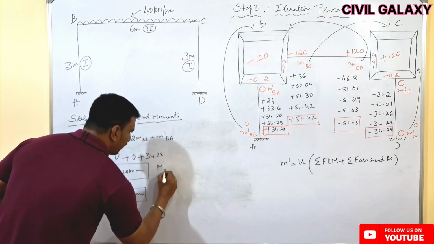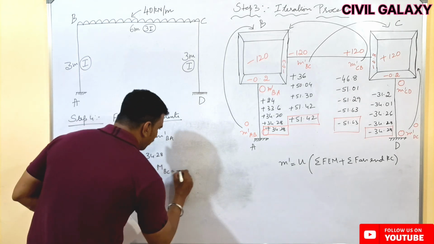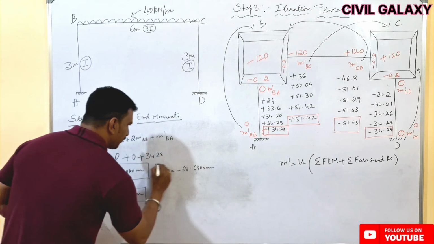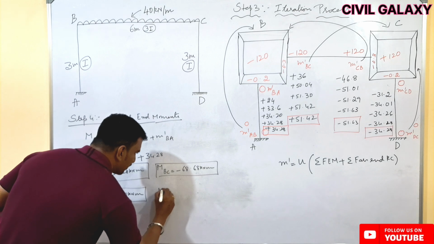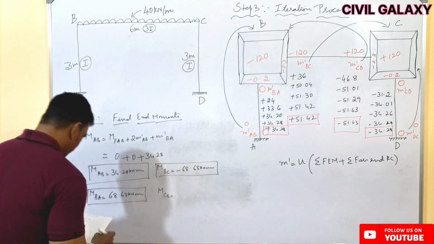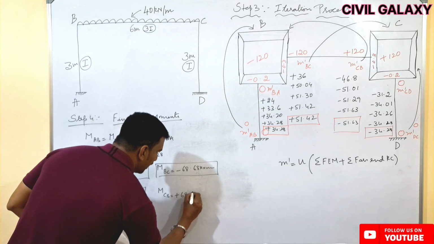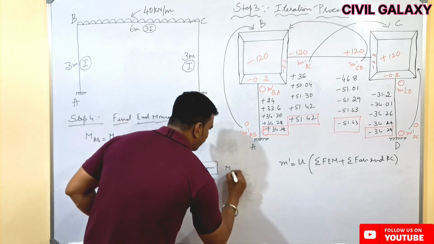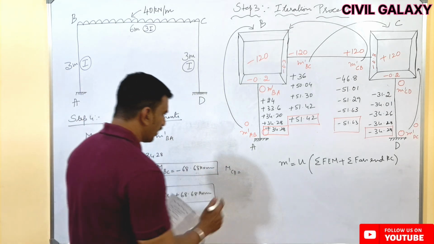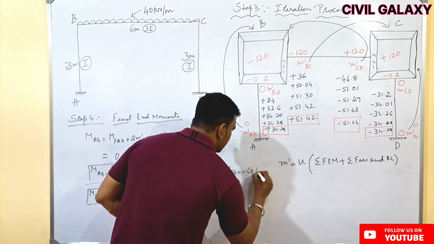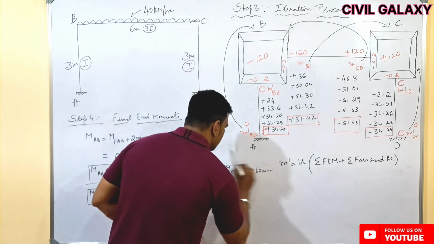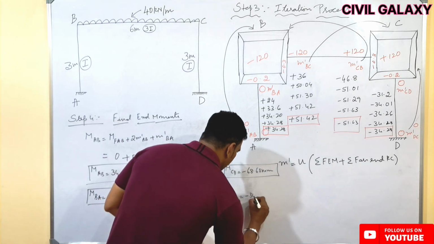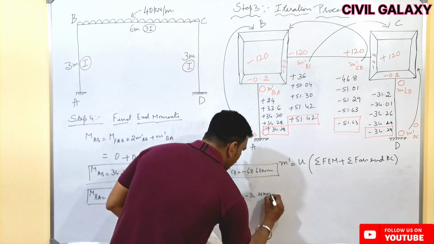and final end moment from B to C we are having a value of minus 68.68 kilonewton meters, and final end moment from C to B is plus 68.68 kilonewton meters, and the final end moment from C to D, here we have got minus 68.68 kilonewton meters, and final end moment from D to C we have got minus 34.28 kilonewton meters.